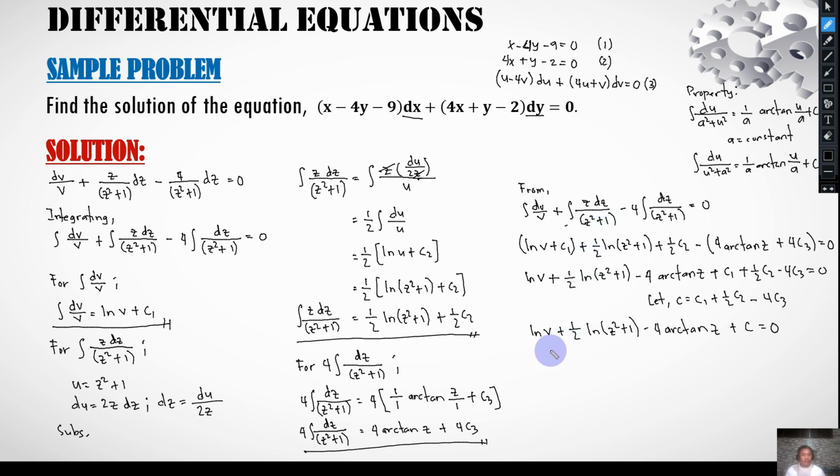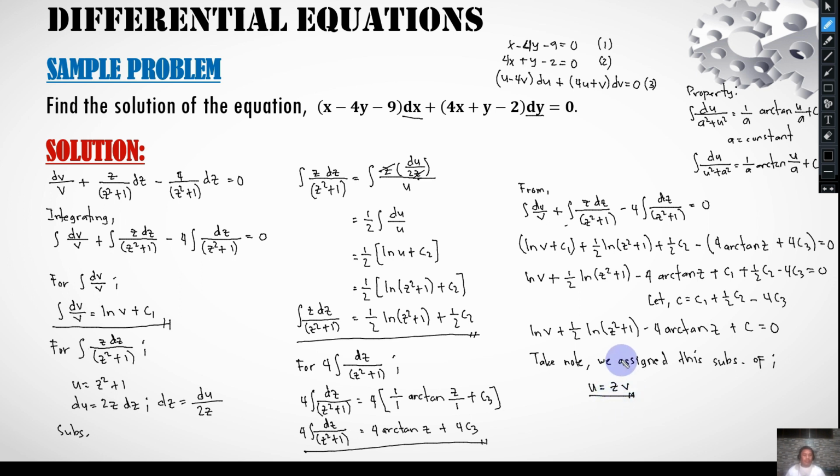And take note, students, that ang ating equation ngayon ay nag-involve ng V at saka yung Z. And take note also that we assign this substitution of U is equal now to Z times your V, right?